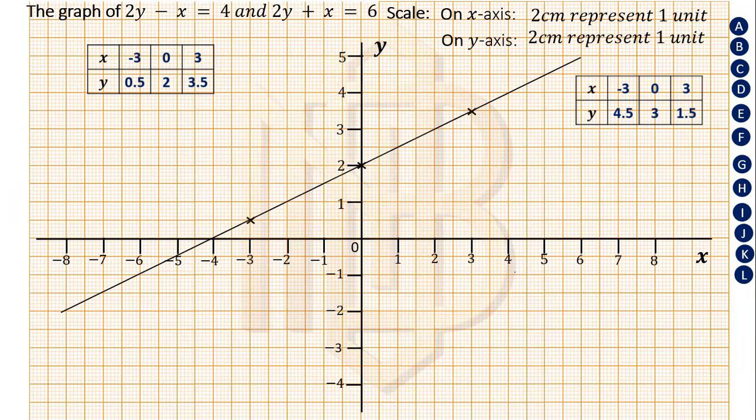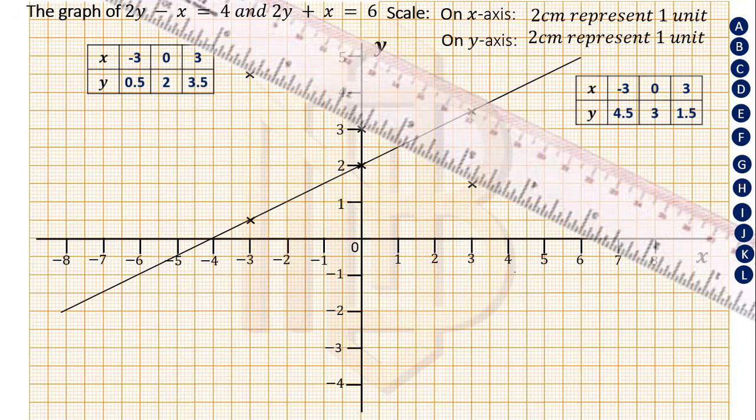The same thing you're going to do for the second graph on the same axis. So you trace out the first point, that's -3 and 4.5. And then you have 0 and 3. And we have 3 and 1.5. Which, of course, with your ruler, you can conveniently draw the line.